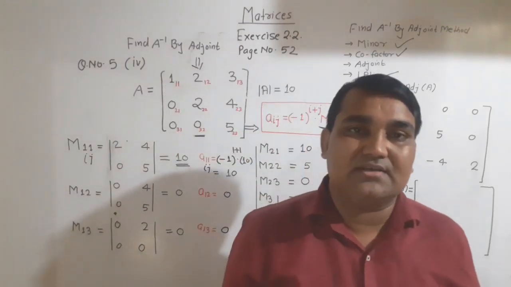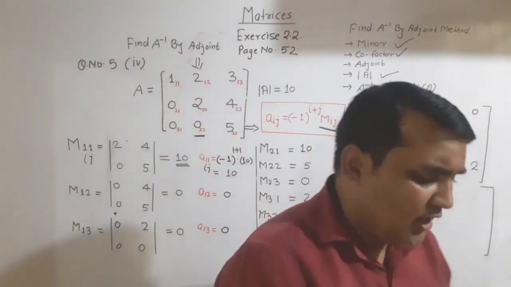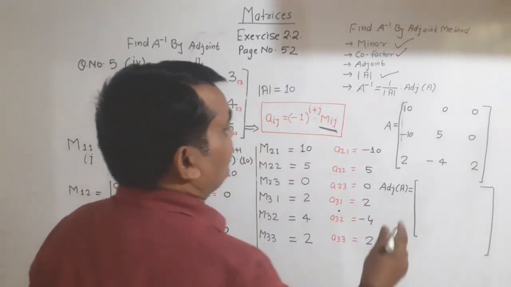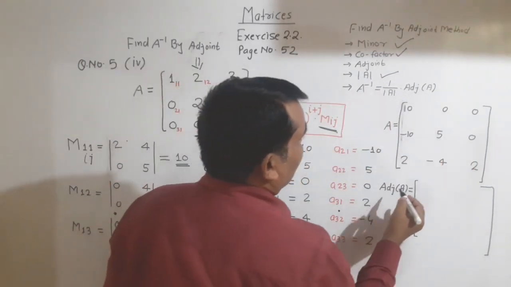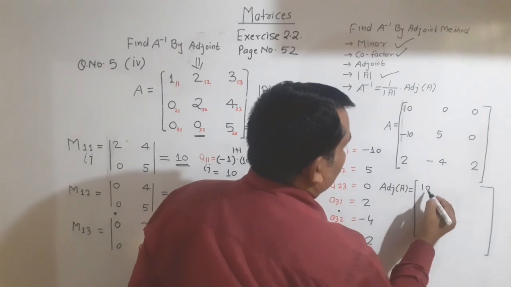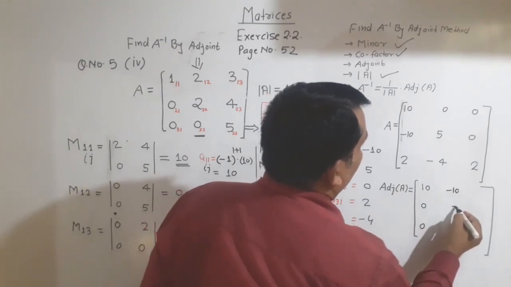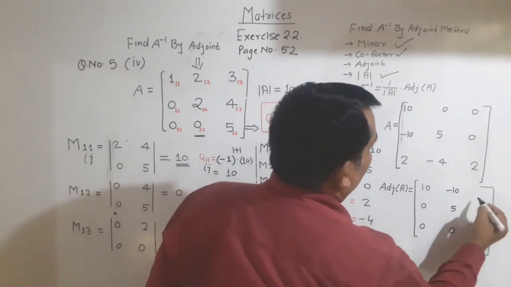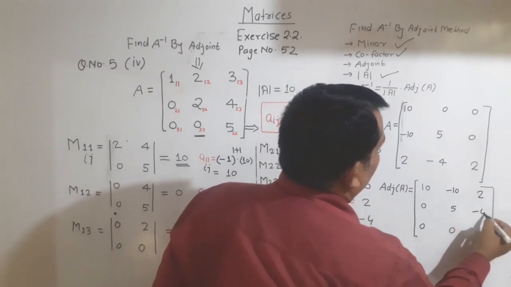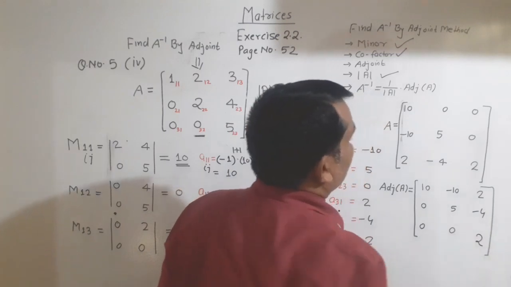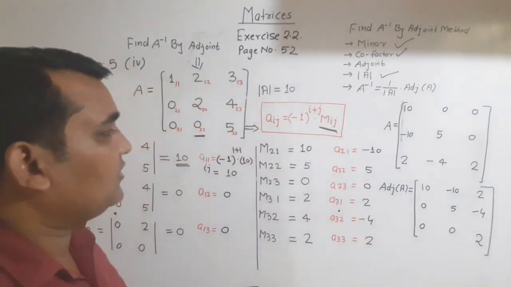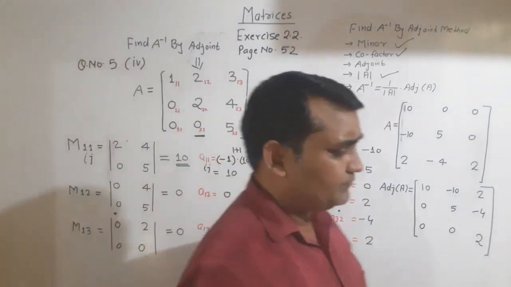That is called the transpose of the matrix. So the transpose of this matrix gives you the adjoint of A: 10, 0, 0, -10, 5, 0, 2, -4 and 2. So we got the adjoint of A.